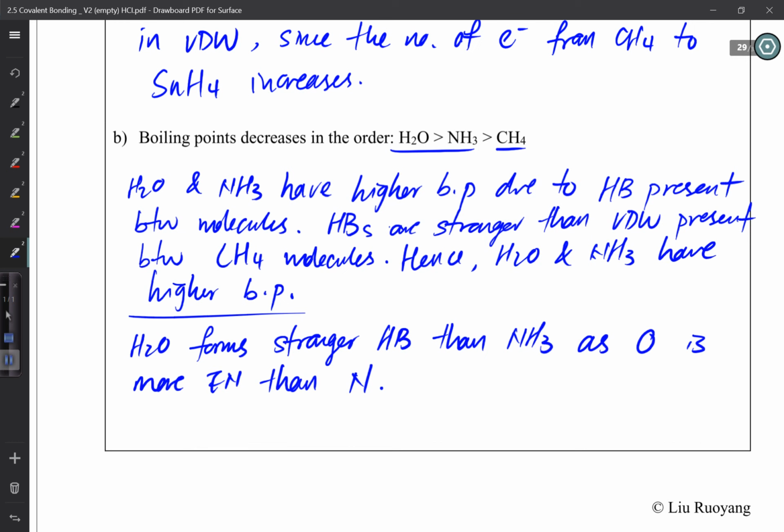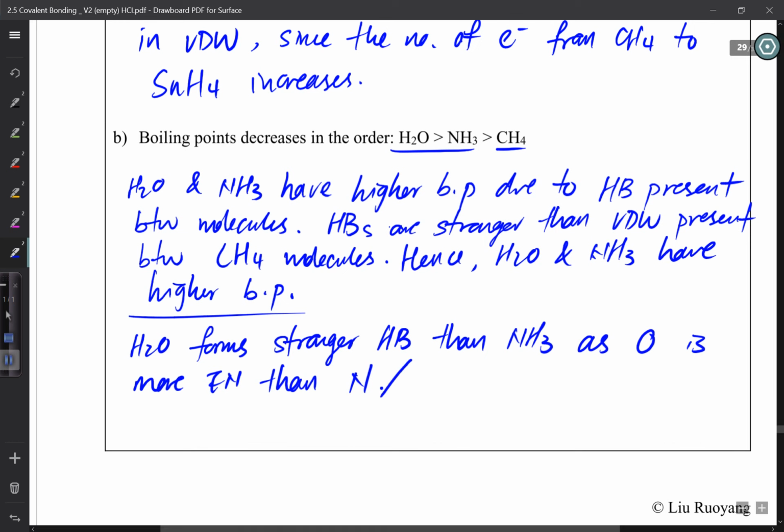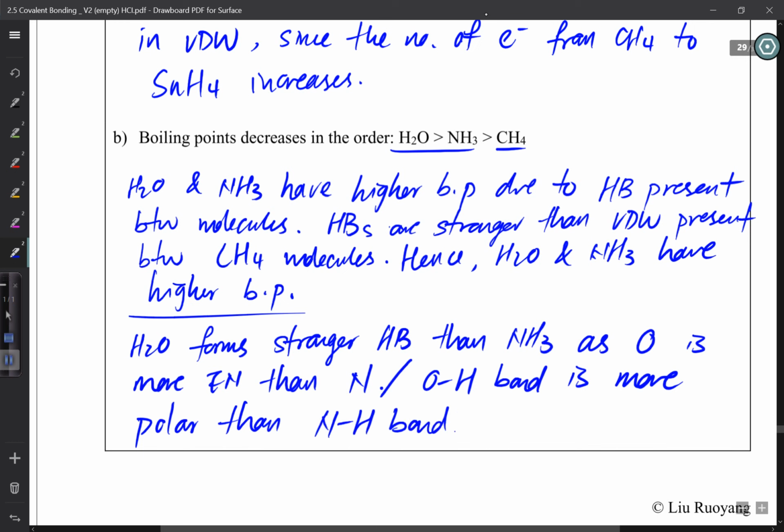You can go ahead and say that, or you can say that the OH bond is more polar than the NH bond, thus the hydrogen bond formed is stronger.